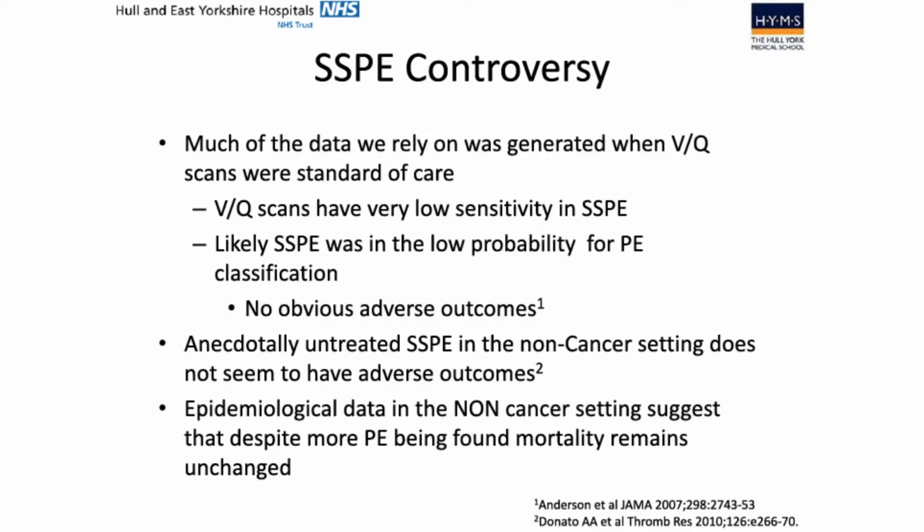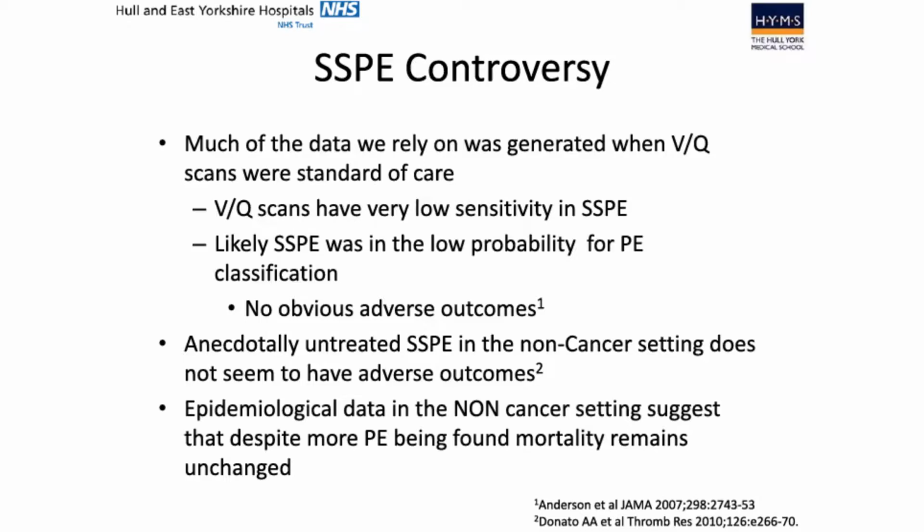But there was no obvious adverse outcome in the arm where patients had VQ scans only and had been classified as low probability. Anecdotally, untreated SSPE in the non-cancer setting does not seem to have adverse outcomes. There's a reference over there where they haven't treated patients and nothing has happened.